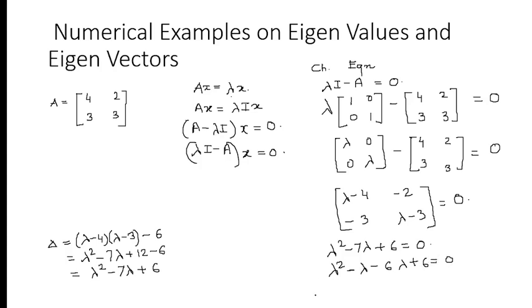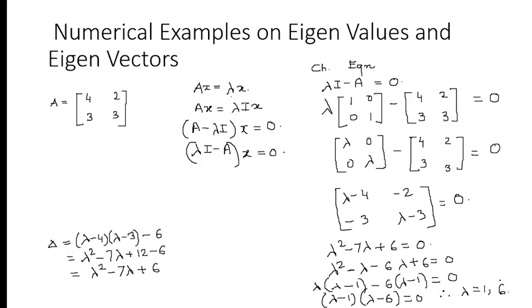Taking the common factor, lambda into lambda minus 1 minus 6 into lambda minus 1 equal to 0. So lambda minus 1 into lambda minus 6 equal to 0. As it is a 2 cross 2 matrix, naturally lambda should have two values. So we get the value of lambda equal to 1 and 6.